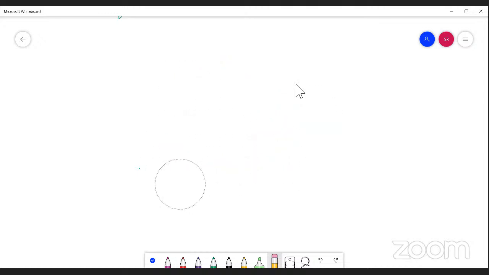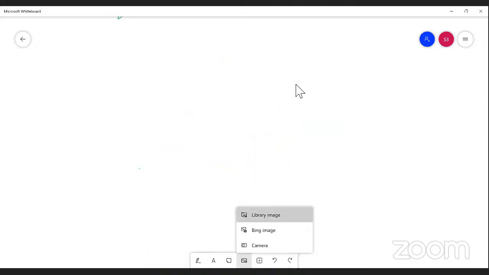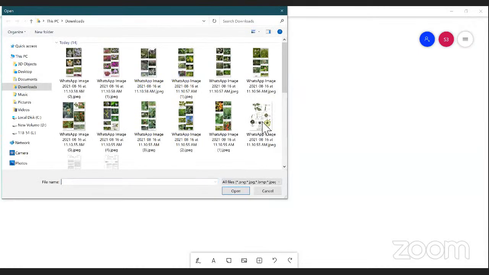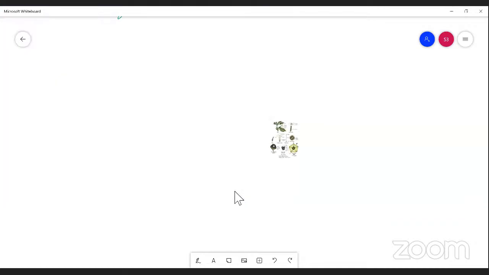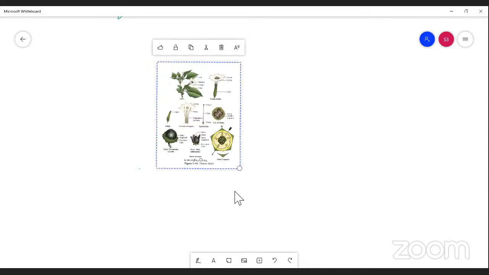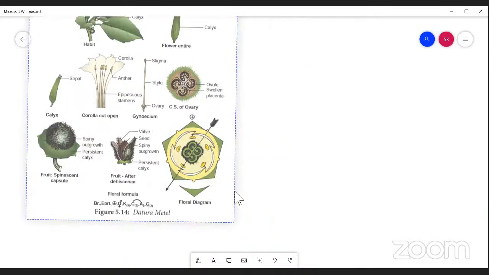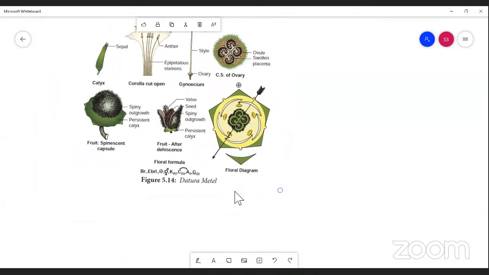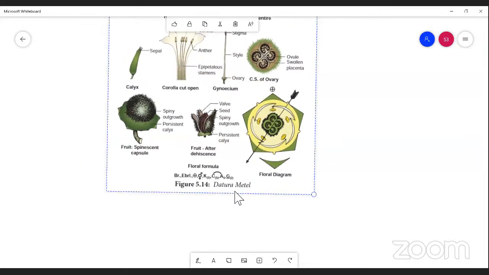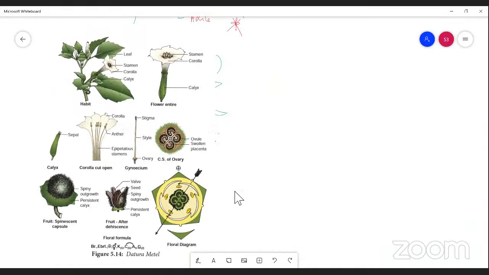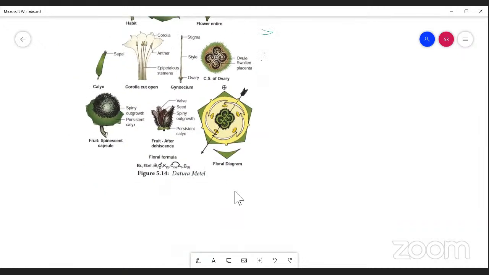So this is the way to draw your floral diagram. I'm going to show you so that you can understand quickly, right? If you draw the floral diagram, you can see it as it is. This is a floral diagram.